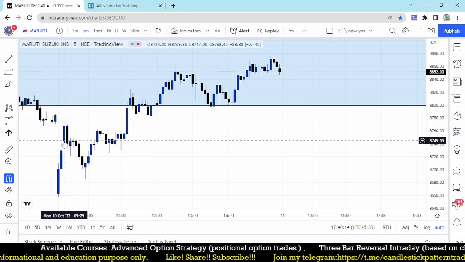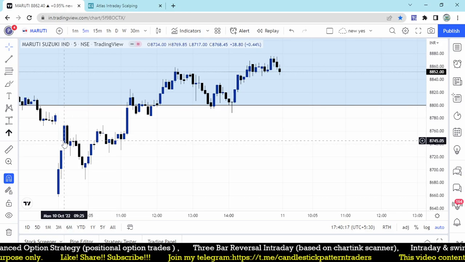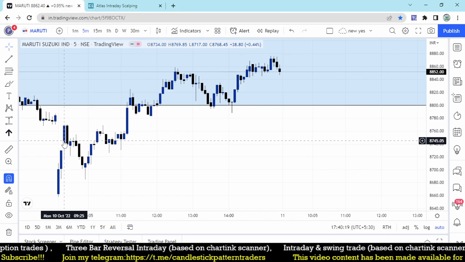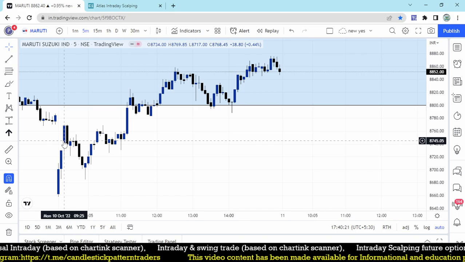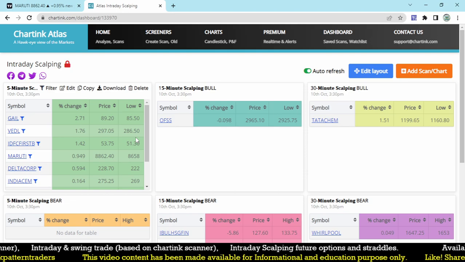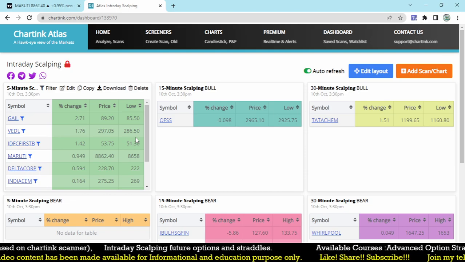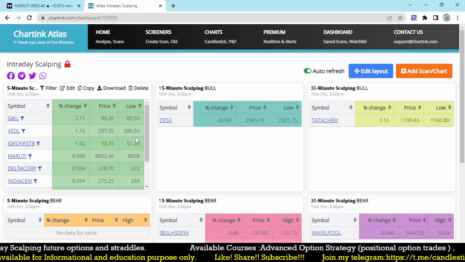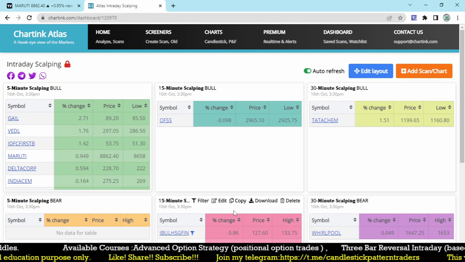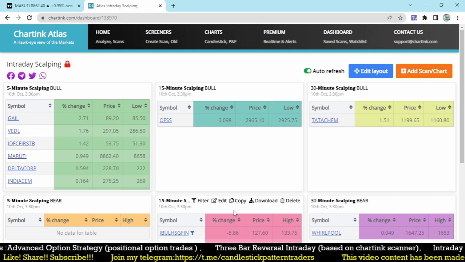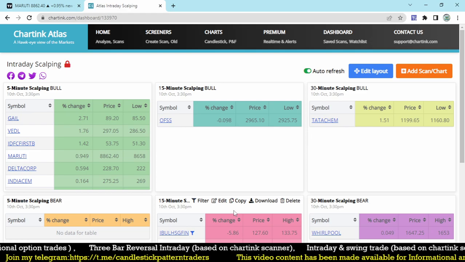So the risk for the trade is 769, 717, almost nearby, exactly 49 to 50 points. That is how the scalping scanner is working, how to make such a great opportunity using the scalping scanner. I have already made a video on how to create the scalping scanners. So don't ask for scanners again and again.